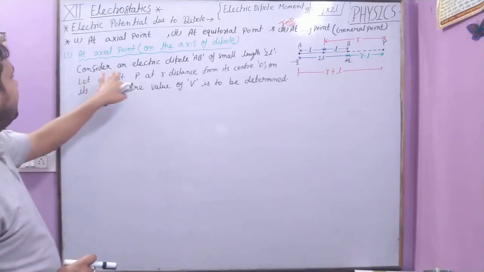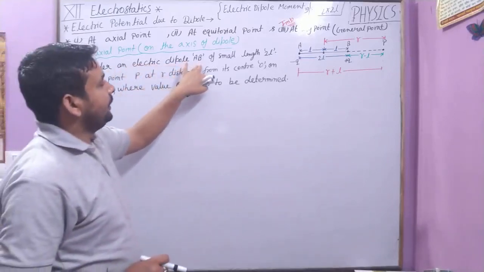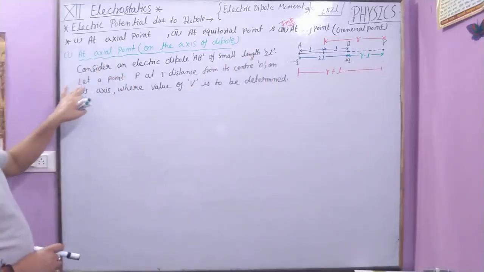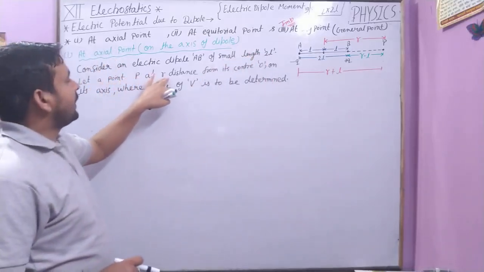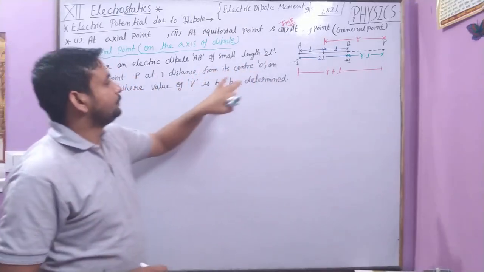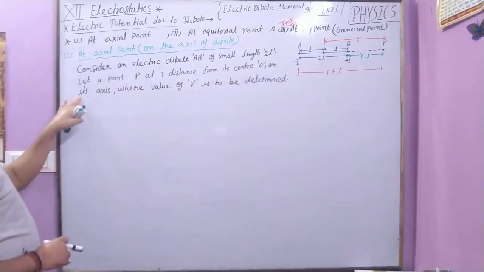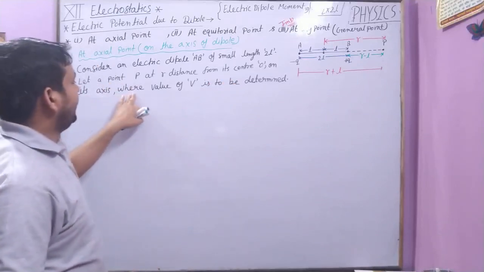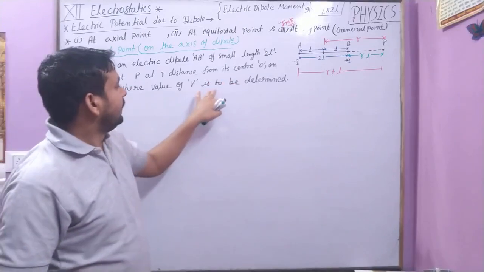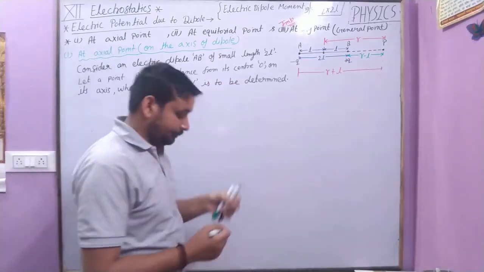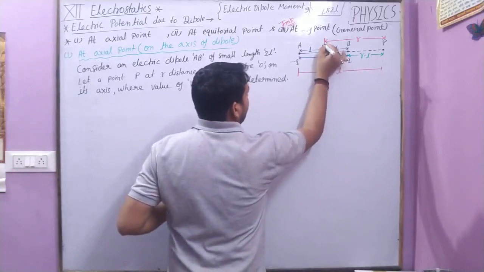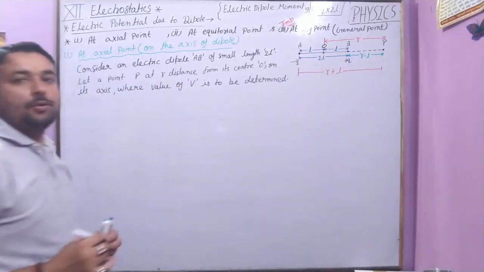For that, we consider an electric dipole AB of a small length 2L. Let a point P be at R distance from its center O on its axis, where the value of V, the electric potential, is to be determined. This is the center.